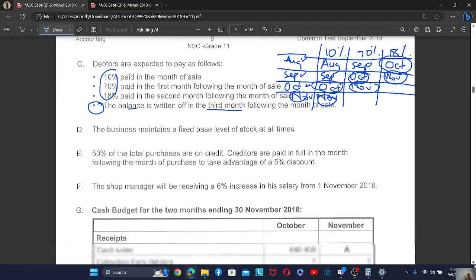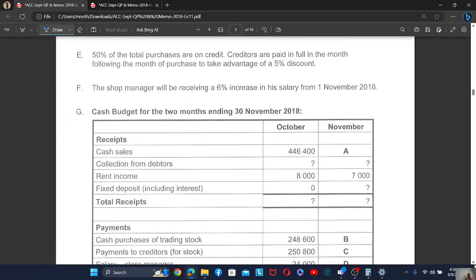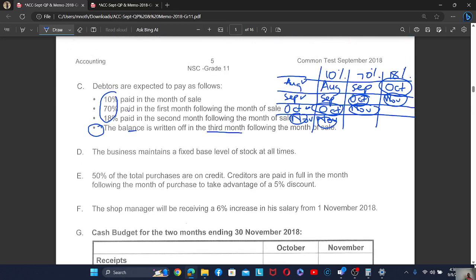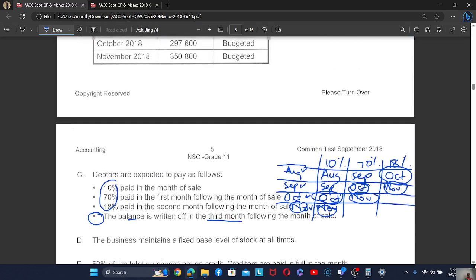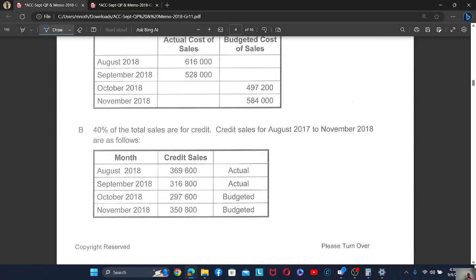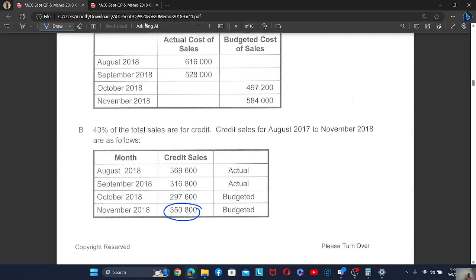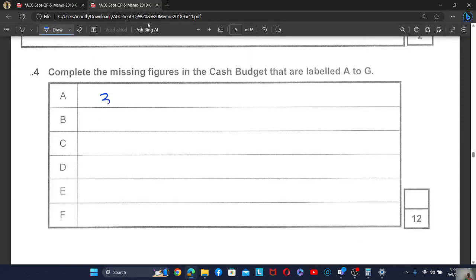So let's go to the cash budget. The first one, November. In November, we are not given the cash sales. That is letter A. The cash sales of November are not given. But in November, they gave us the credit sales, which is 350,800.